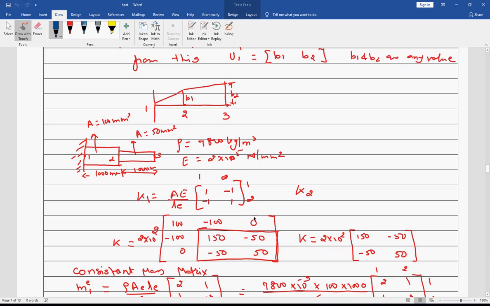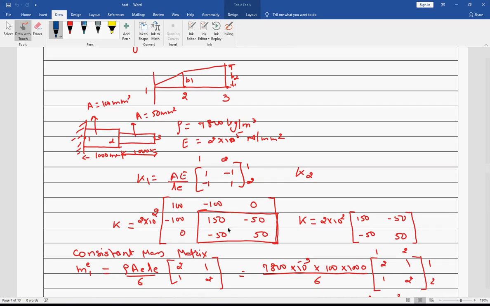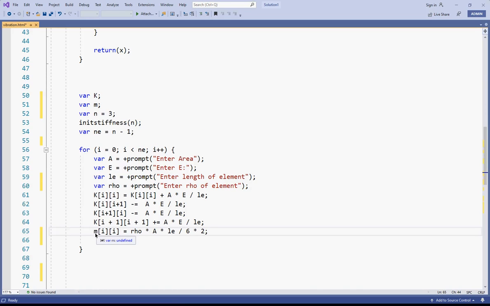So if you see, in this case, this is 2. So rho A L_e by 6 into 2 will come, and for the rest of the elements it will be 1, and for the diagonal it will be multiplied by 2. I just copied this, pasted it here, and I say i plus 1 and i plus 1.